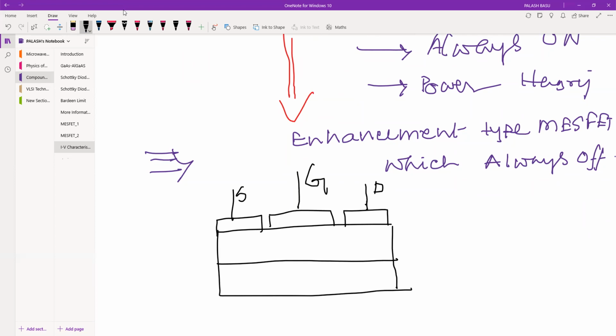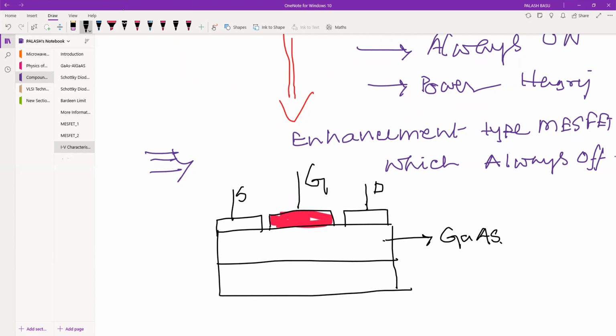You know this is my metal, no doubt on it, and suppose this is my gallium arsenide. You need to have such a kind of device.